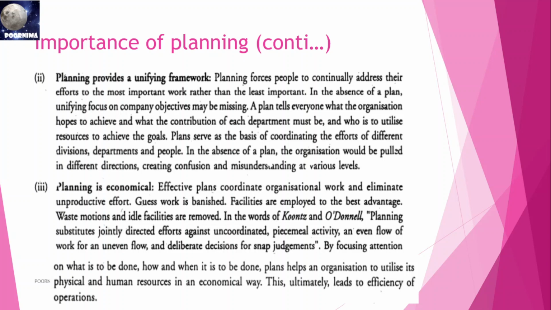It prefers jointly directed efforts and an even flow of work to an uneven flow. Uneven flow is not preferred in planning. An even flow of work and decisions should go from top to bottom. Direction should come from one person from top to bottom.